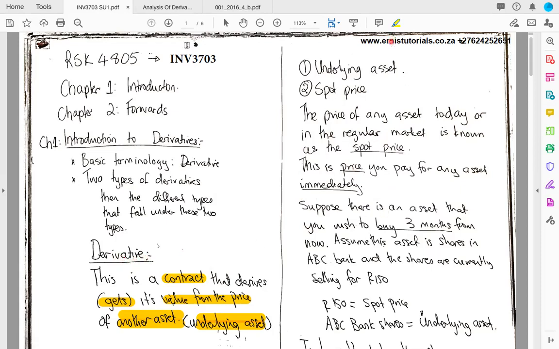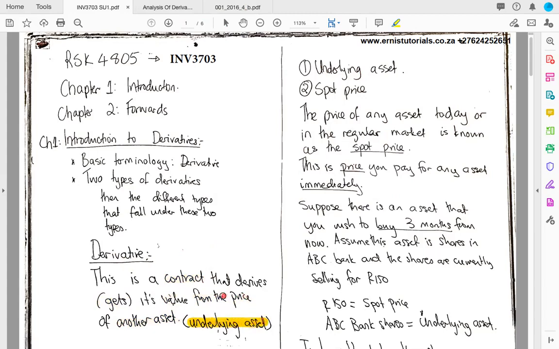and then we'll come back to this definition and what it's saying, right? So you'll notice that in this definition of a derivative, I have used some words that you might not be familiar with. I've used the word underlying asset, right?